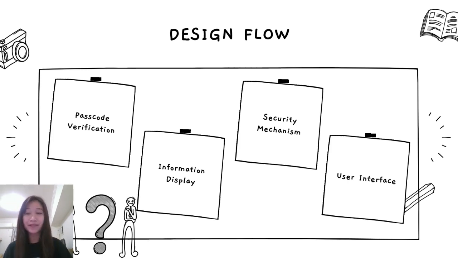Okay, now second, information display. After successfully unlocking the system, the user can choose to view sensitive information. For the switch-based selection, there are SW6 and SW7. For SW6, it displays the student ID on the HEX display.